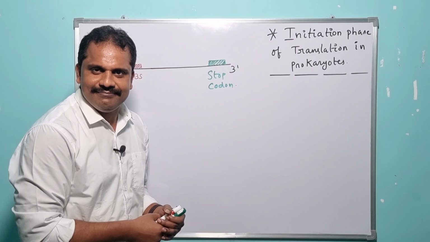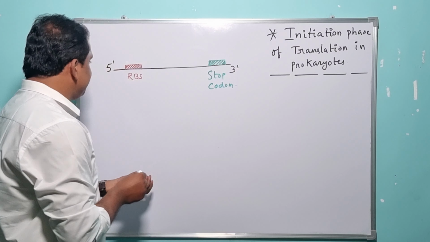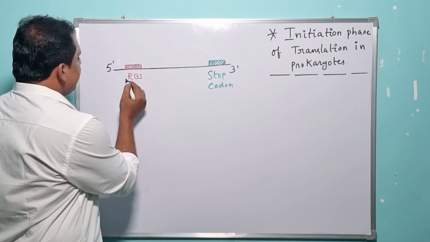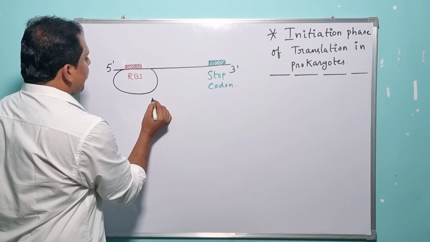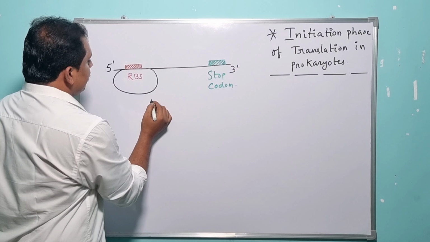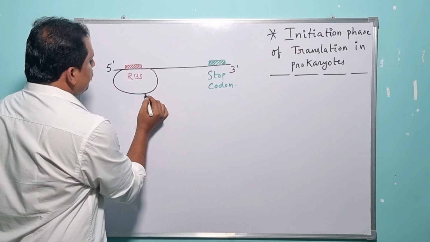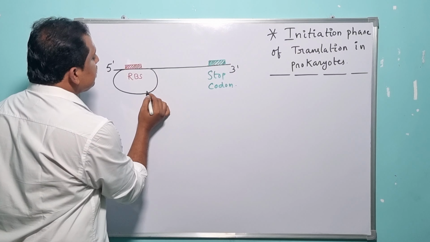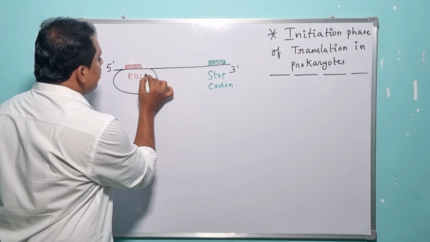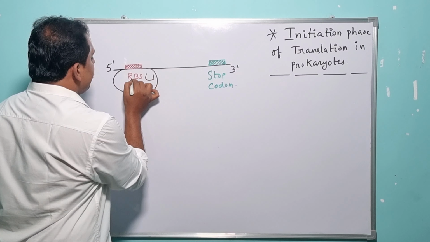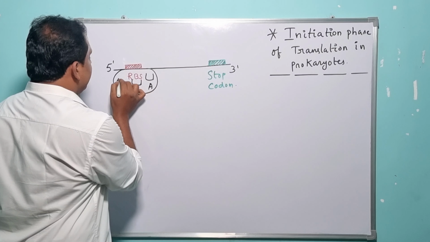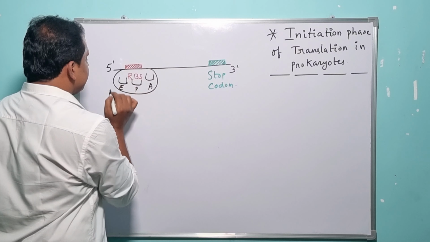So let me write it here. Let us assume it as the small subunit of the prokaryotic ribosome. The small subunit possesses three specialized sites, and these include the A site, the P site, and the E site.